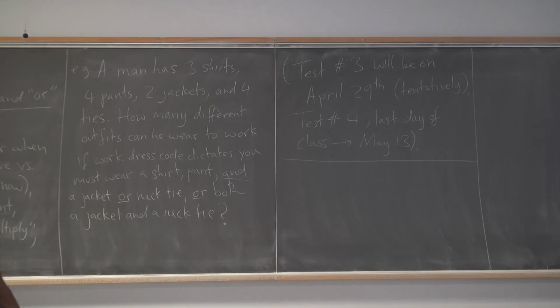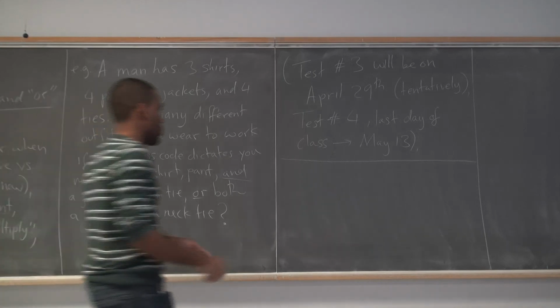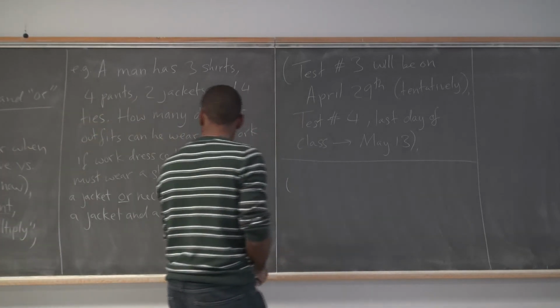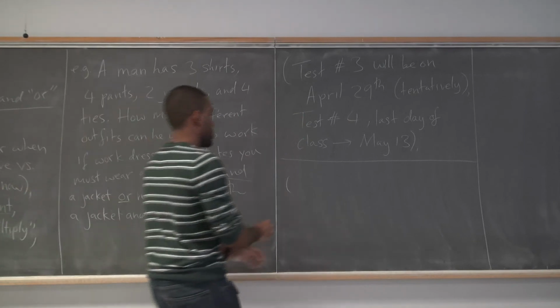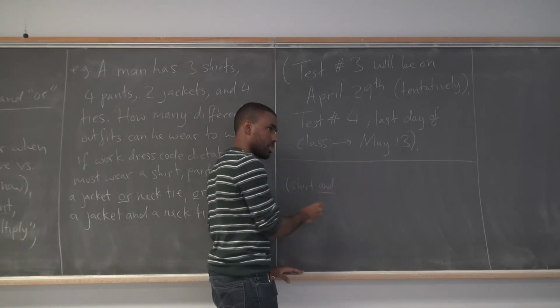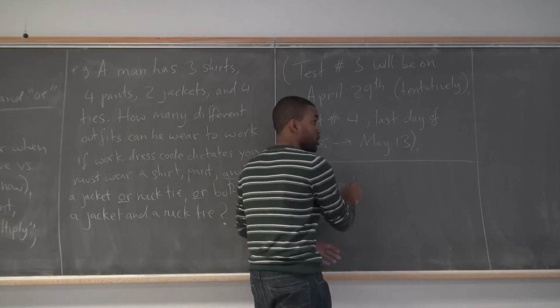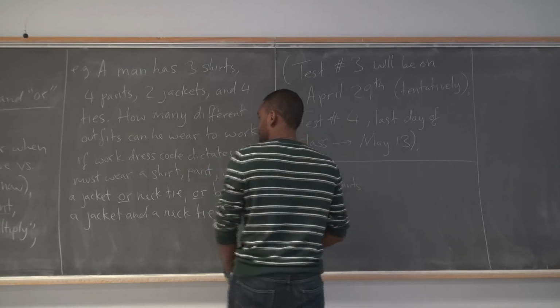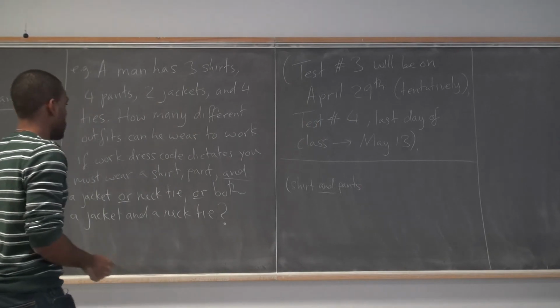Okay, so let's actually write it down. One of the ways to do this, especially if it hints to you that and and or are in play, is to rewrite the situations concisely and clearly using and or to connect things. So what is the first situation? He must have a shirt and pants, and a jacket.